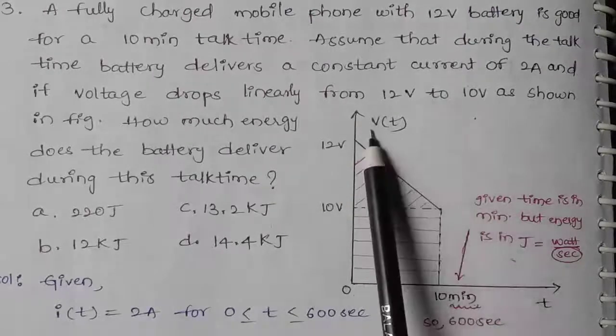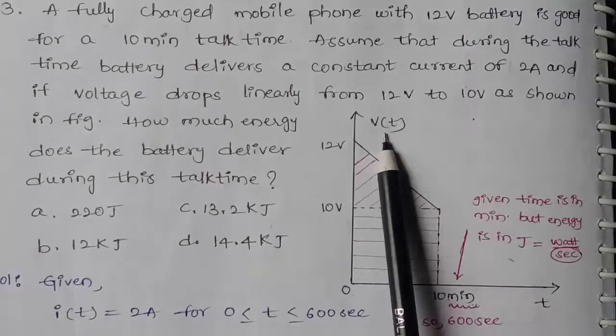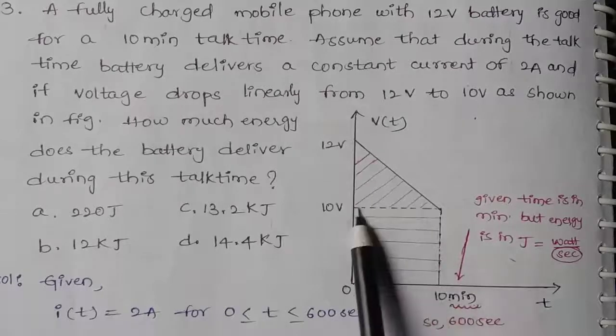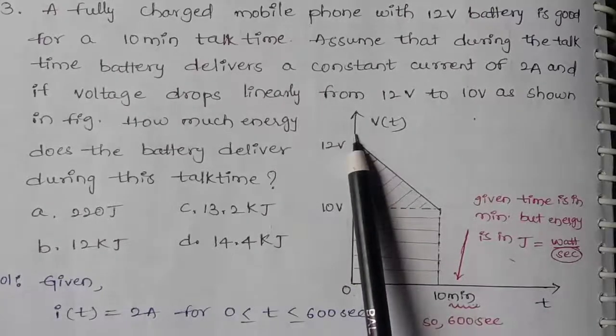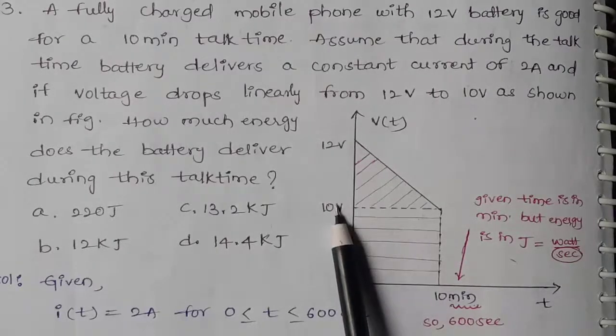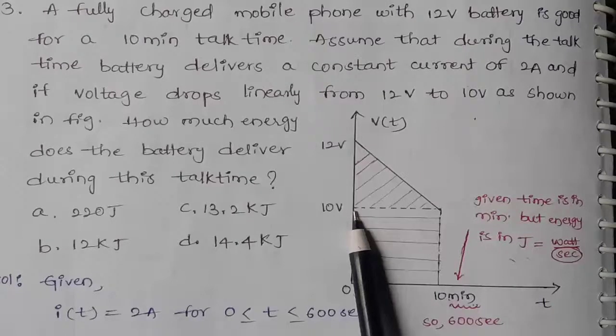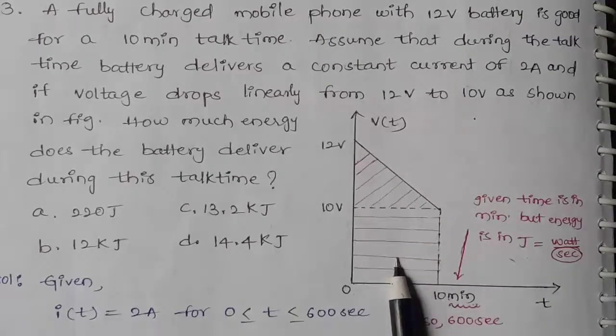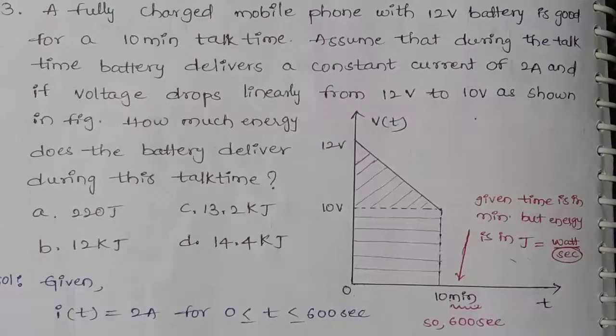We will get the area under the curve v of t. The base of the triangle is 600 seconds, and the height is 2 volts, and the base of the rectangle is 600 seconds, and the height of the rectangle is 10 volts.